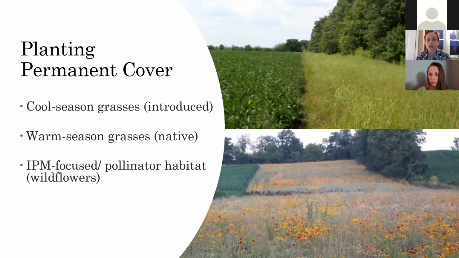So the first are cool season grasses. Sarah mentioned these. These are things like orchard grass, fescue, Kentucky bluegrass. So grasses that grow for the most part really densely and are pretty easy to grow. People are familiar with these pasture type or lawn type grasses.